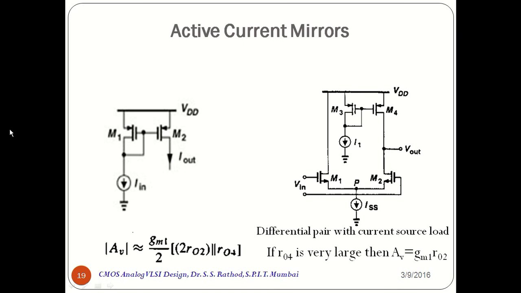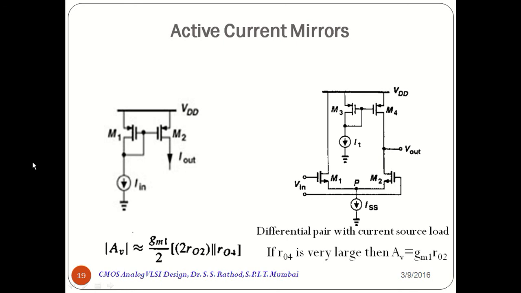We neglect the channel length modulation. Therefore, we have I out equal to I in. Please note the direction of I in and I out, and the circuit performs no inversion. From the small signal point of view, if I in increases by delta I, so does I out increase by delta I.